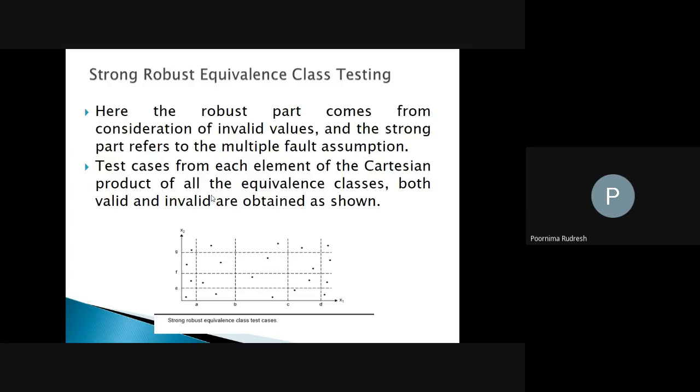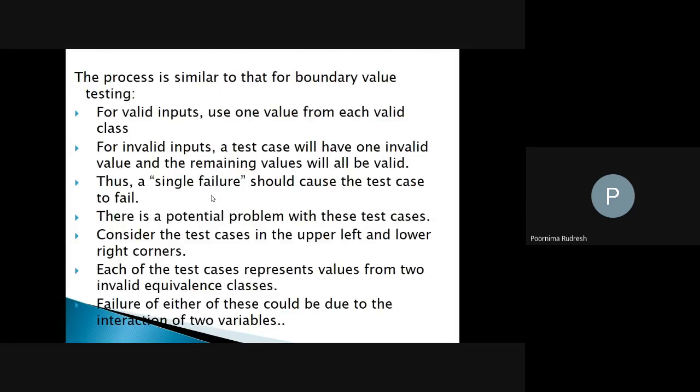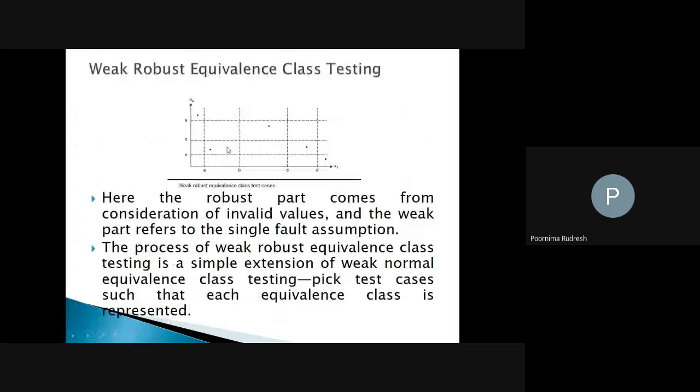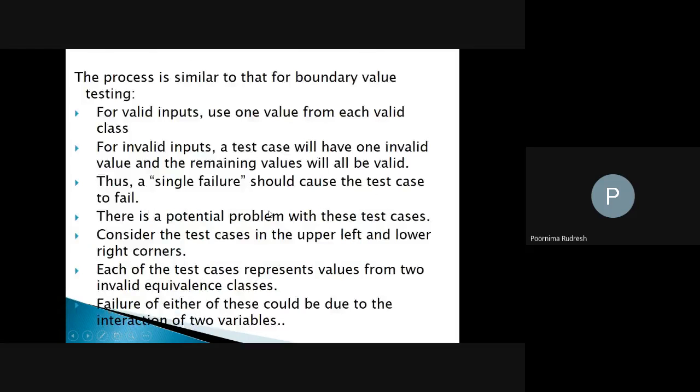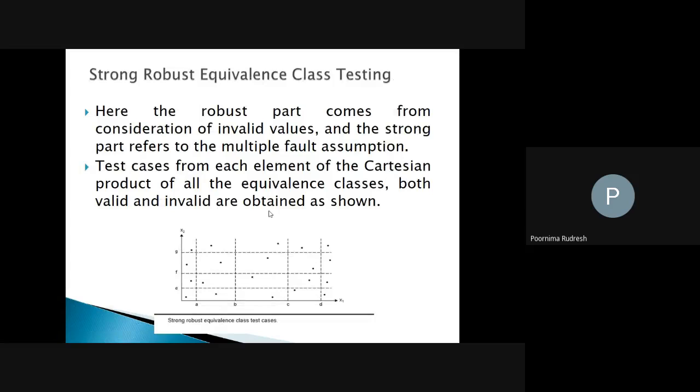In the weak robust case, we are considering the minimum number of valid test cases and invalid test cases. When we choose the valid one, we are considering the single fault assumption, but in the strong robust equivalence class testing, we consider the multiple fault assumption. Here once again we have two parts, the strong part and the robust part.